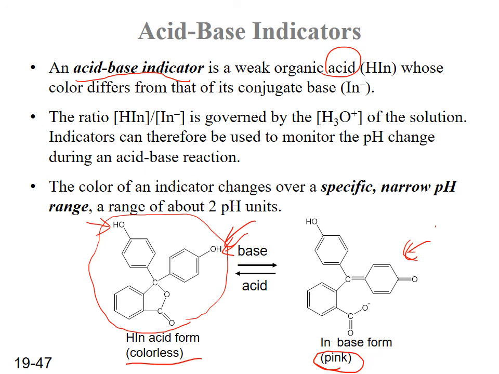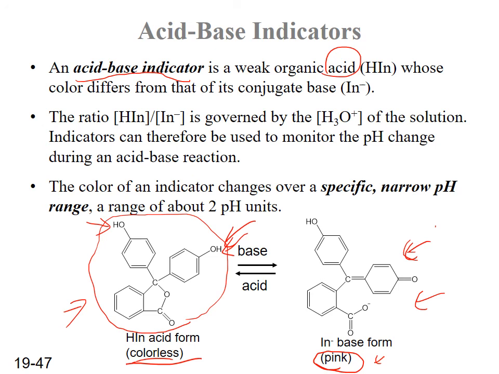If there are enough hydrogen ions, it takes the left side form, which is colorless. If the solution has enough hydroxide and very little hydrogen ion, it takes the right side form and becomes pink. Therefore, this molecule can be used to monitor the pH change during the acid-base titration.